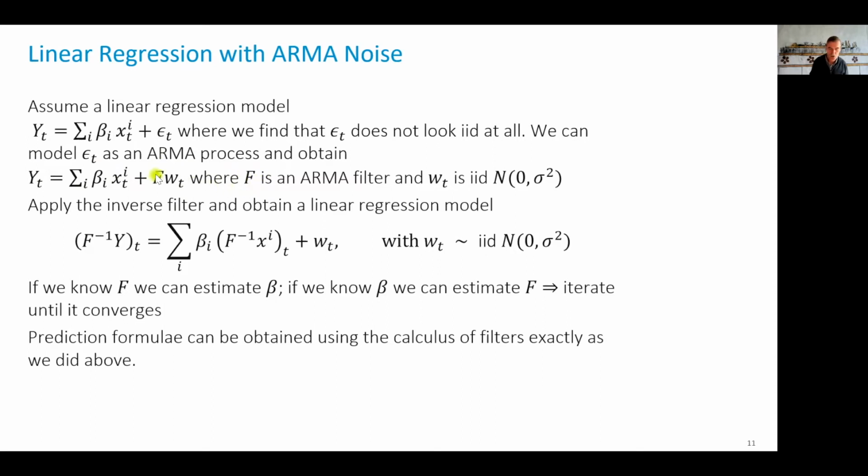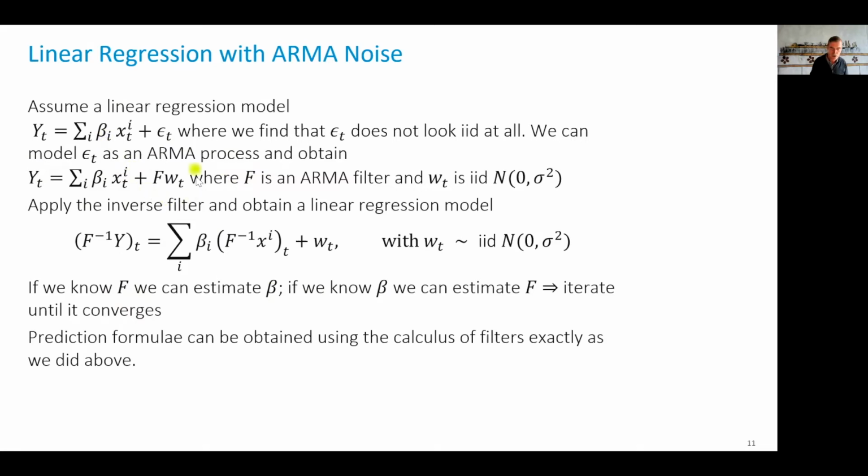So I know how to solve both problems: how to fit beta if I know F, and how to fit F if I know beta. The traditional method is to iterate between the two. You start with the best guess of beta, for example ignoring the fact that epsilon is non-IID, and fit beta, which gives you a first tentative beta.